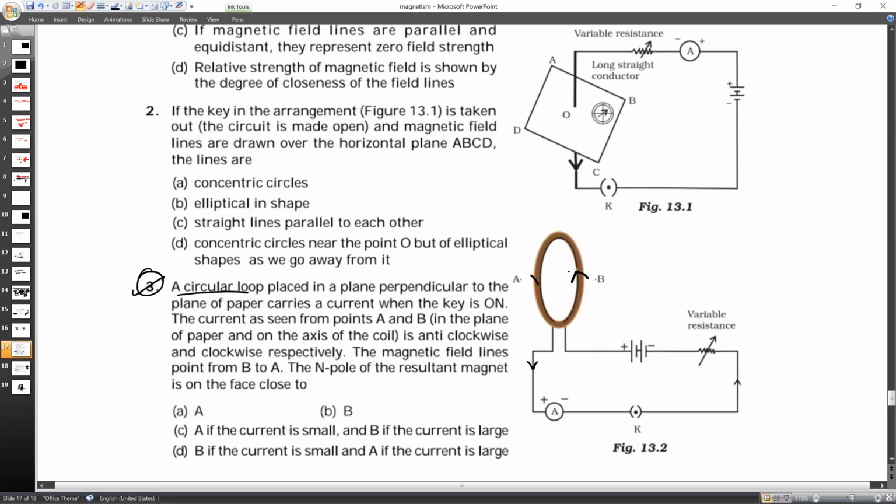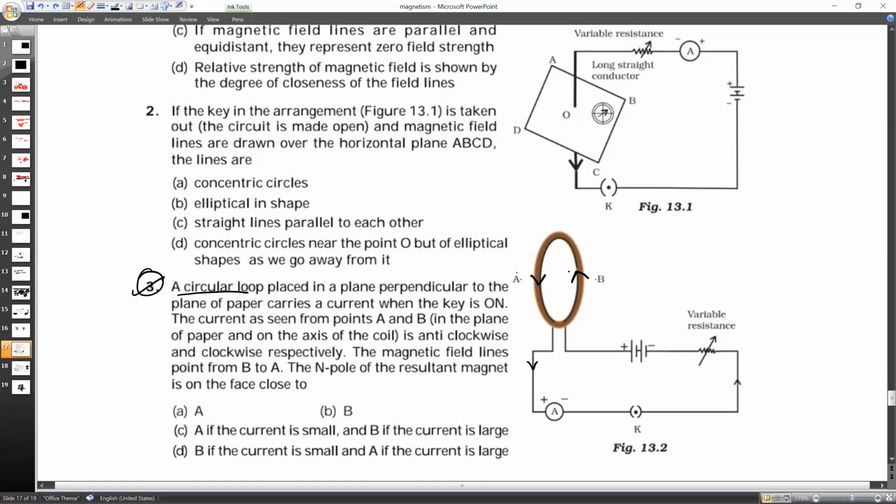So what we are seeing here is that the current as seen from point A and B. Oh, the current direction is not given, I'm sorry for that. It says that the current as seen from point A and B in the plane of the paper is anti-clockwise and clockwise respectively.